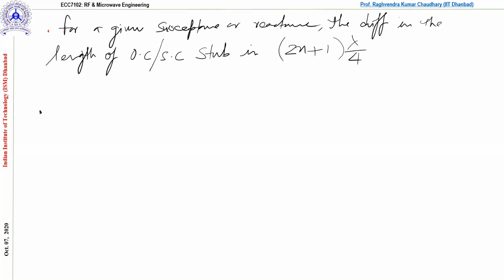Now let us try to write some equations. As we have seen, the input admittance yi will be equal to yb plus ys. Fine. If you are going to normalize this, we can write yi bar is equal to yb bar plus ys bar. These are the normalized values. Fine. Okay.